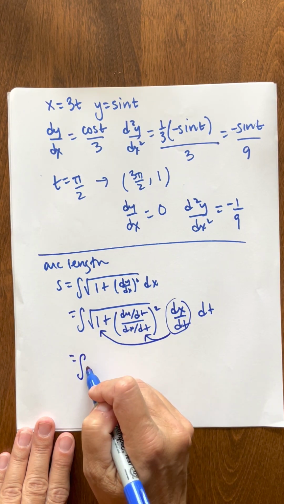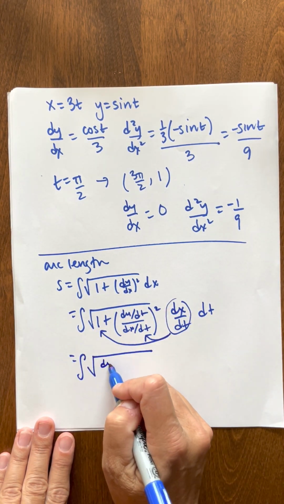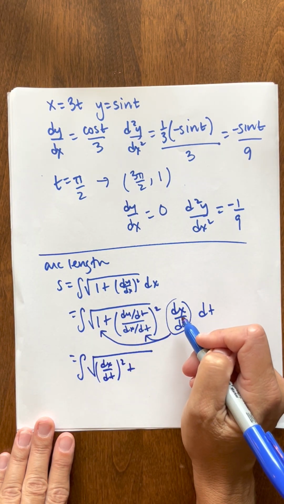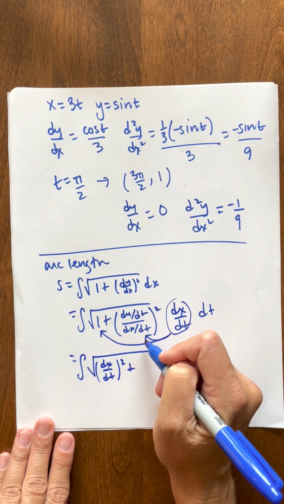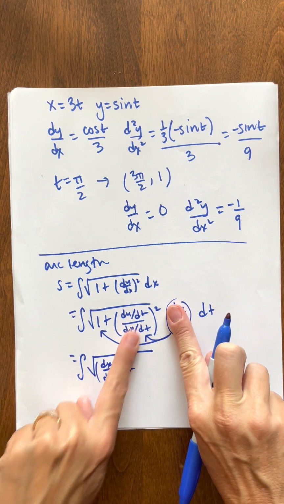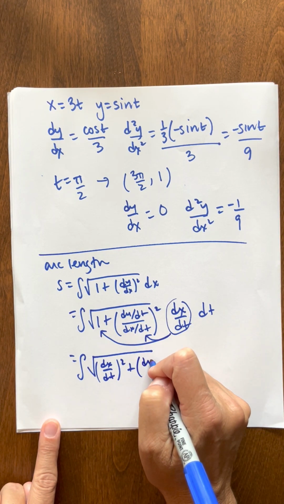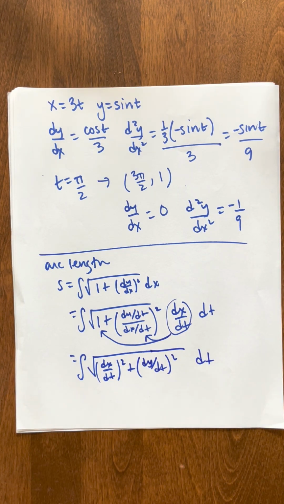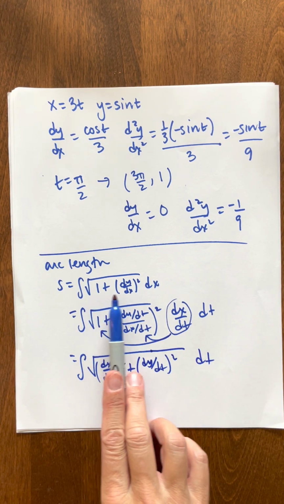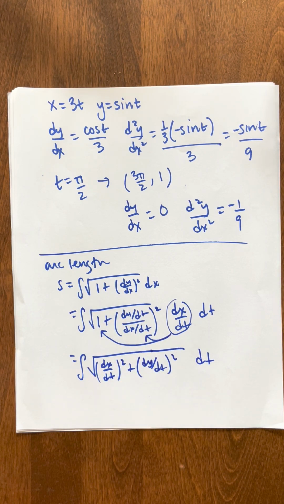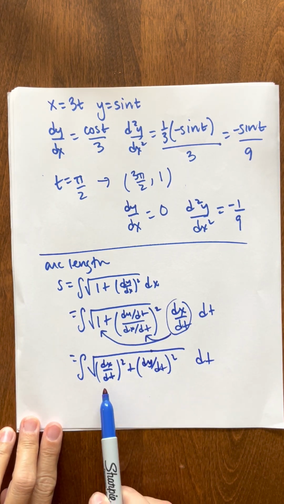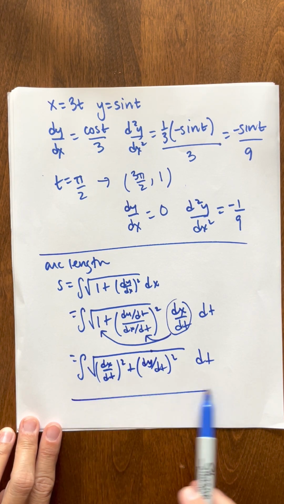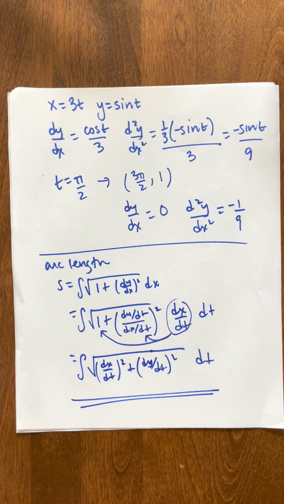So I get the square root of dx/dt squared plus dy/dt squared times dx/dt squared over dx/dt squared. These two are going to cancel each other out. So I get dy/dt squared dt. Notice, this is actually what we used to derive this formula back when we were living nicely in 2-space. This is change in x squared plus change in y squared. We're adding up infinitely many, infinitely small Pythagorean theorems.